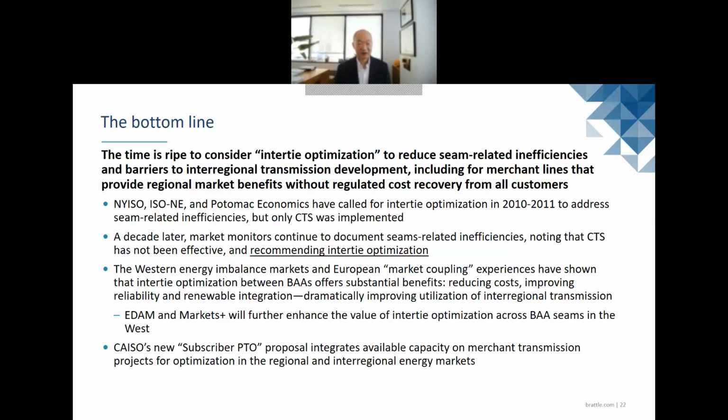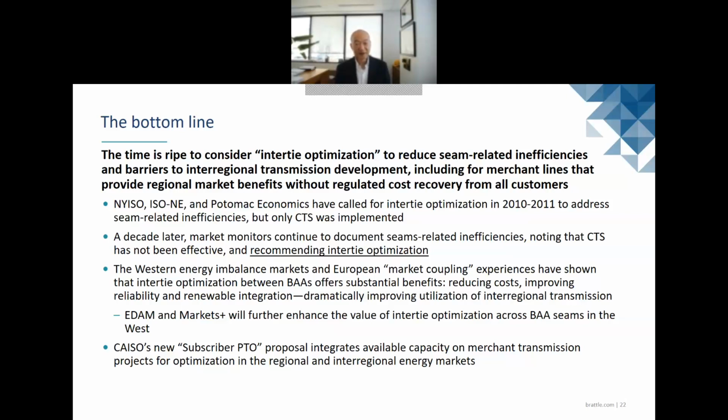They also reduce competition in the markets because lower priced power cannot reach higher priced markets. In addition, seams inefficiencies impair reliability and resilience because they impede the timely flow of power during scarcity conditions, including during extreme weather events. And that last point is important because we know that extreme weather events are increasing in frequency and severity. We saw during Winter Storm Elliott that the grid was tested in a number of different regions in the country.